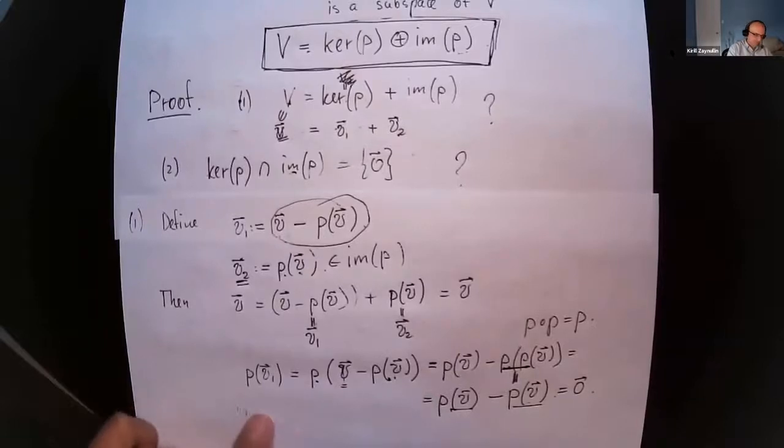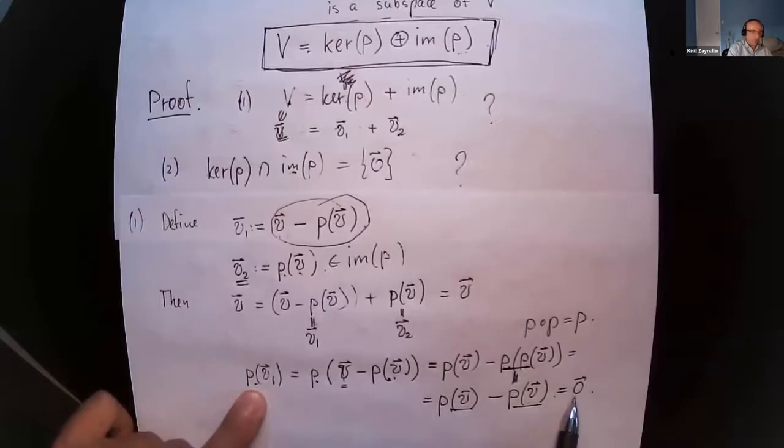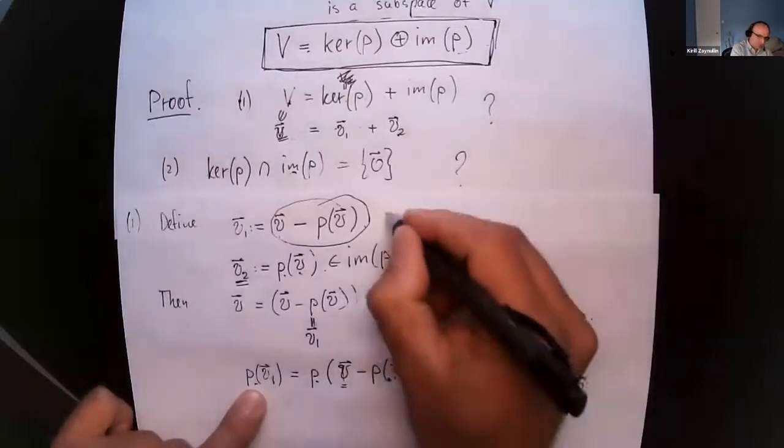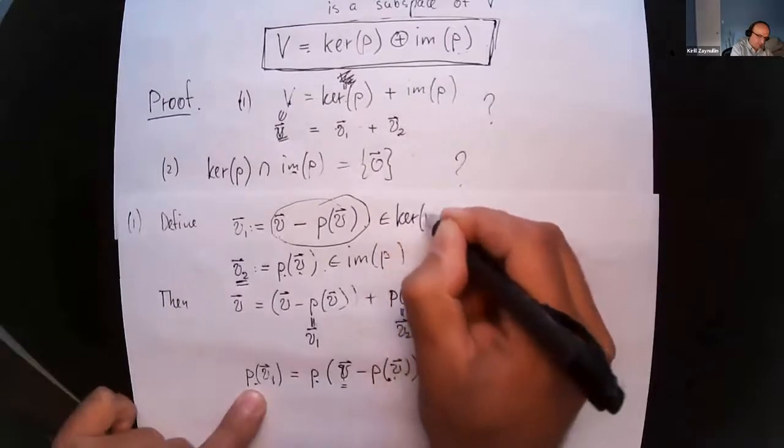So we verified that P of V1 is 0, meaning that V1 is nothing else but an element of the kernel of P. So that sits inside the kernel of P.